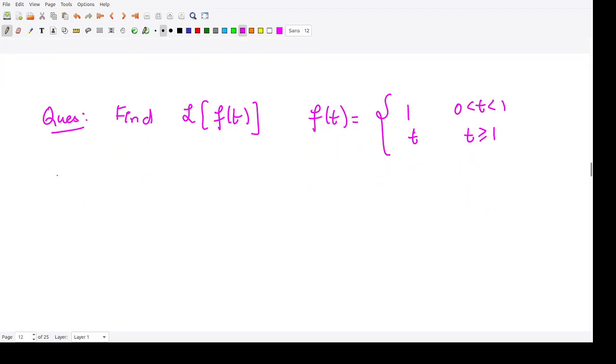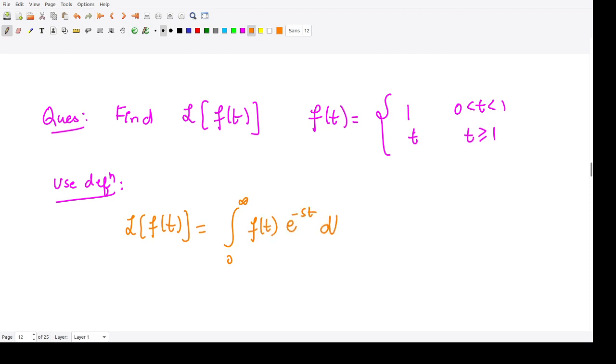So for that we will use the definition to solve the Laplace transform. By the definition of Laplace transform, it is equivalent to integration from 0 to infinity of the function f of t e to the power minus st dt. Now because the limits are from 0 to 1 and then from t varying from 1 to infinity, we could break this limit.